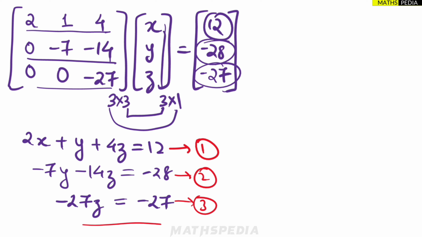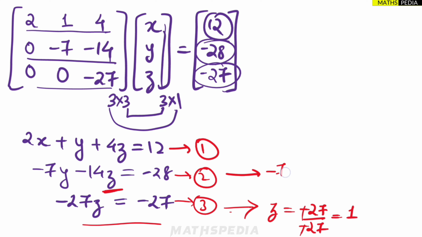So from the third equation directly you can get the value of z. I can write directly z value is equal to minus 27 by minus 27, which is equal to 1. This z value, if I substitute in this equation, I'll get the y value. So from this, minus 7y minus 14 into z, which is 1, so minus 14, equal to minus 28.